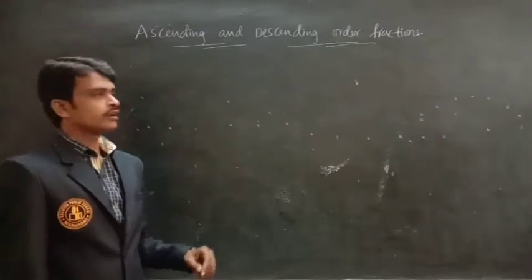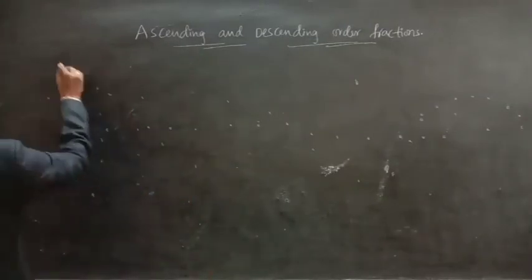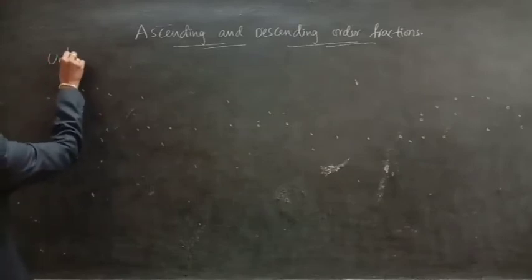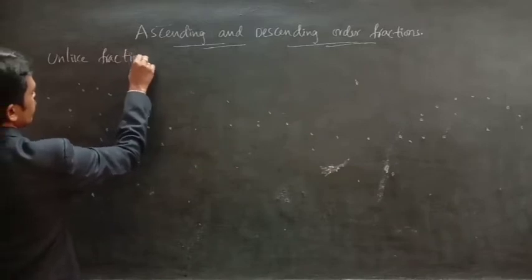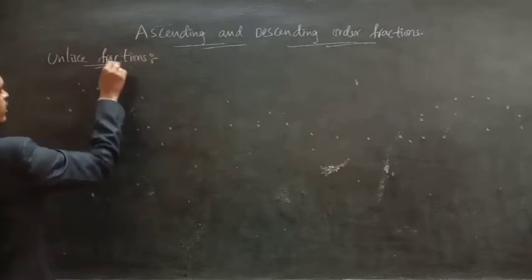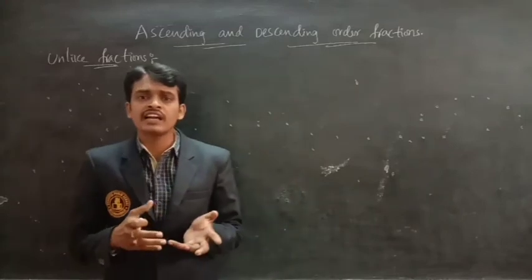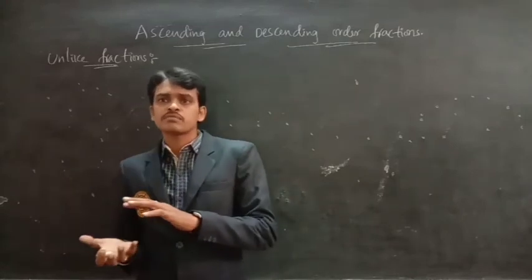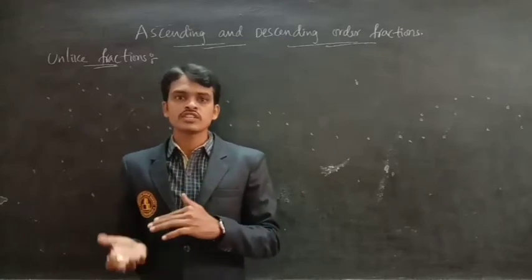Next, we will discuss the ascending and descending order of unlike fractions. For unlike fractions, we can't tell just by looking at the numbers which fractions are smaller and which are bigger.